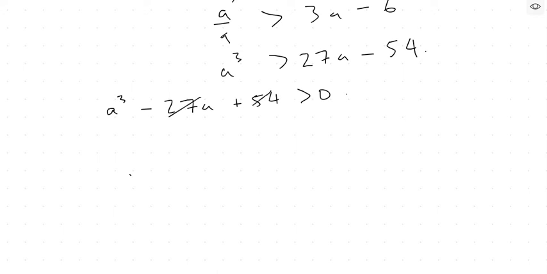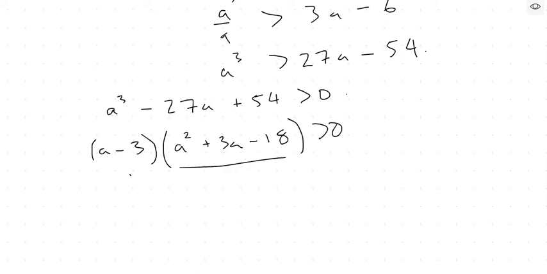No. 1 doesn't, so it could be 3? Yeah, I think 3 works. So we've got a minus 3 must be a factor. So that gives us a cubed minus 3a squared, so we need a plus 3a to cancel those, which gives us minus 9a, but we need minus 27. So if we take away another 18, yeah, that works.